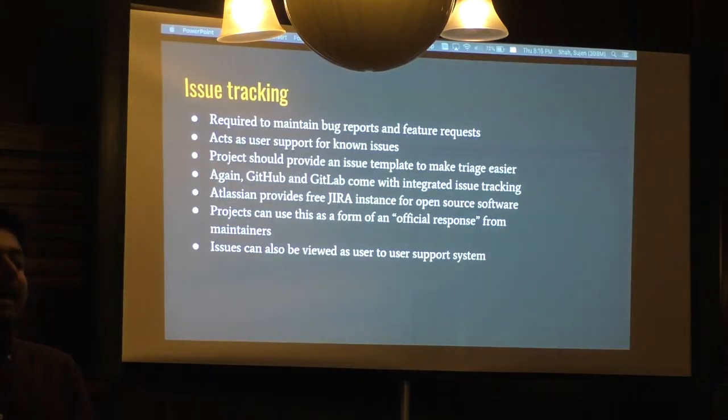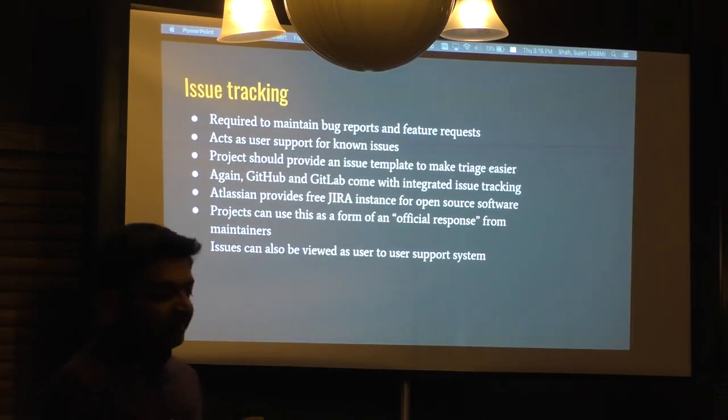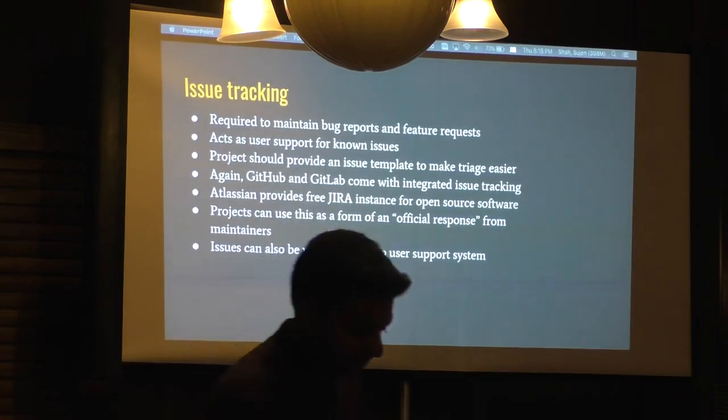Because you could have other sources like Stack Overflow or Reddit channels where people talk about the software, if it's that popular, and then they don't know if this is the official response or just someone who has used the software and can read code. Well, an issue tracking system can play that role for you.